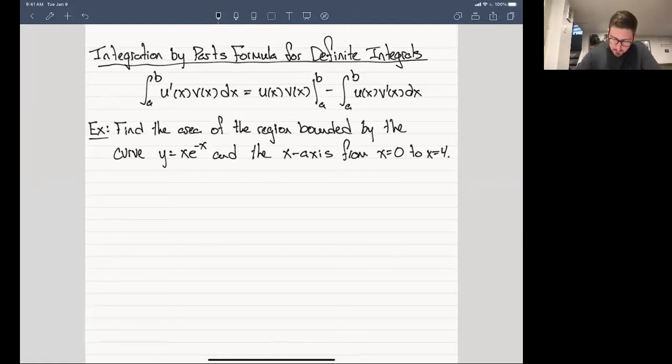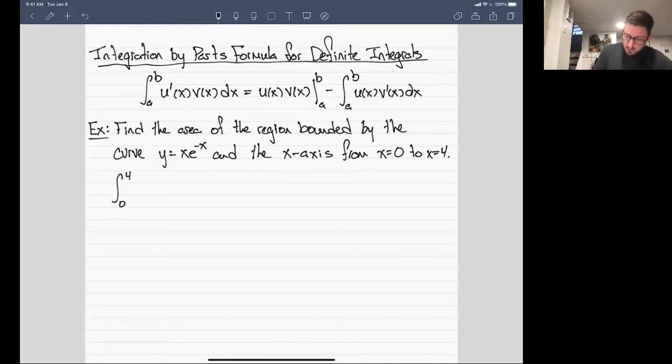Okay, so you can sketch that if you want, but in this case, these are both non-negative functions. So it's a relatively simple thing to do. All that we are going to do is find a definite integral. So we're going to go right into it, and let's calculate.